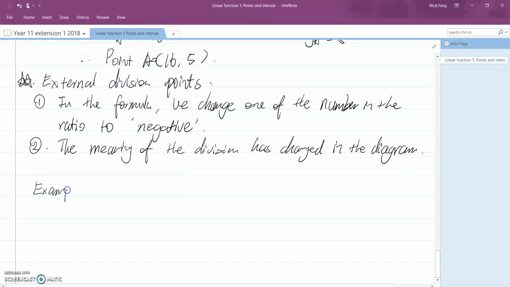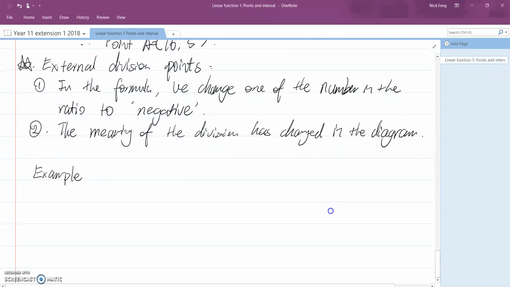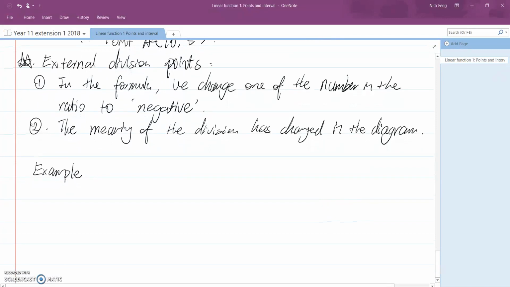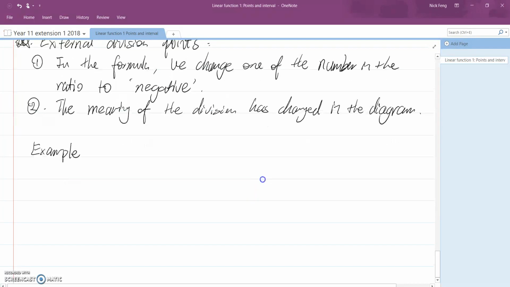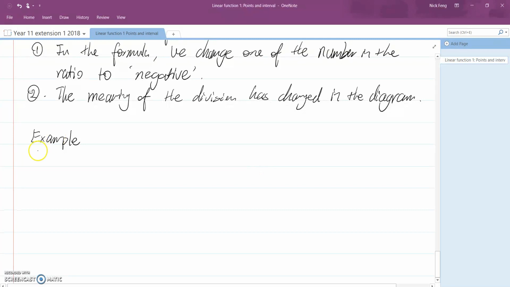The formula stays the same, but we only change one of the ratio numbers to negative. Let me check. Oops, can't find it. Oh, still have 4 minutes. Oh, good. Okay, so let me write down the example first.